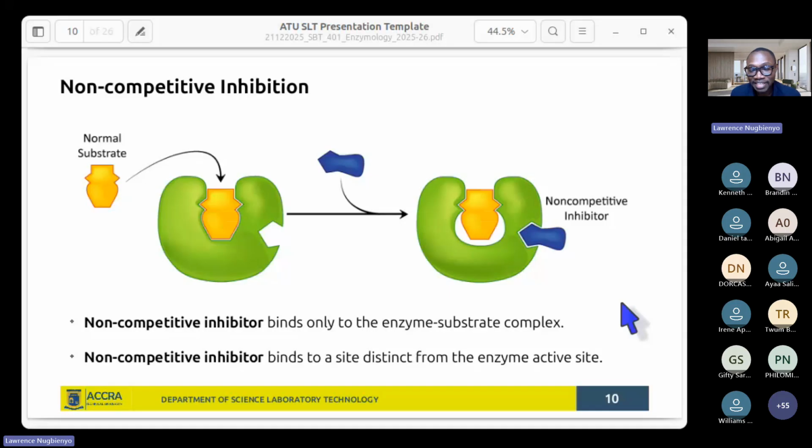The moment I say see you next time, don't leave. I'll just end the meeting. When I end the meeting, you see that in the meeting chat, the video will come there. So you can have the original link from there directly on Teams. Irene, I hope you get it.